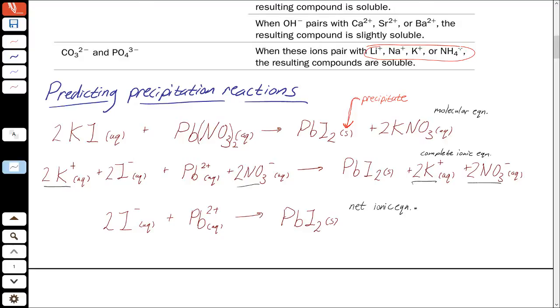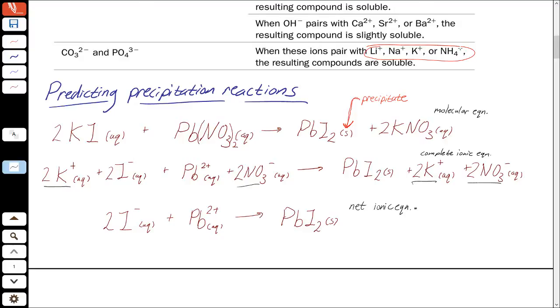How is the net ionic equation different than the complete ionic equation? It is missing the ions that don't participate in the reaction. Aren't potassium and nitrate added to each other? Well, that's kind of what we're saying, is they're not, because with soluble compounds, the ions are separate in solution.